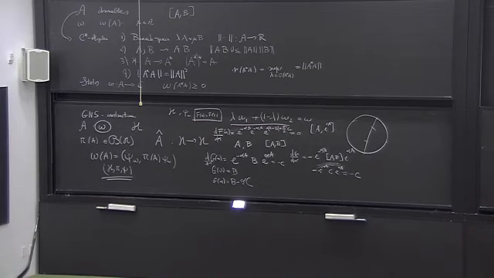U alpha V beta equals e to the minus i alpha beta V beta U alpha. And also, of course, U alpha U beta equals U alpha plus beta, and V alpha V beta equals V alpha plus beta.